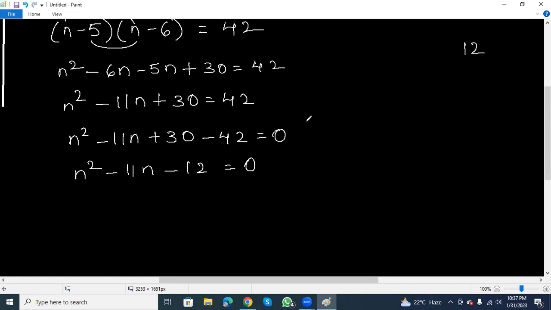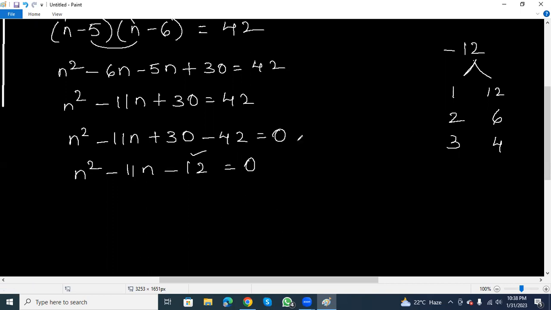So if we multiply 12 and 1, the coefficients of the first and last terms, we will get minus 12. So we need to split this minus 12 in such a way that if we add those factors, we get minus 11, and if we multiply those factors, we get minus 12. So first, 1 12s are 12, 2 6s are 12, 3 4s are 12. 4 came up, let's stop, because after 3, 4 is the next number, which is already present in these factors. So let's stop writing the factors.